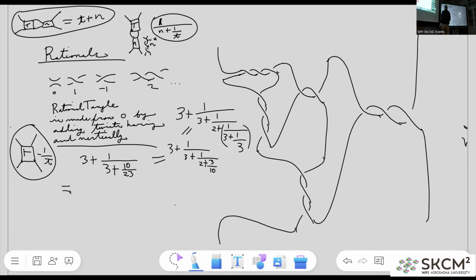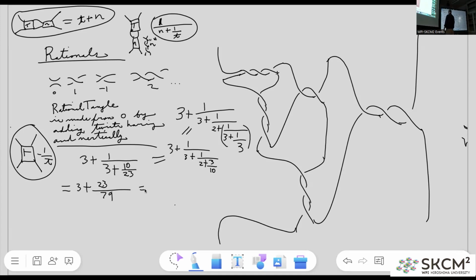And then that's equal to 3 plus 23 divided by 79. Right? 3 times 23 is 69, and 10 is 79.